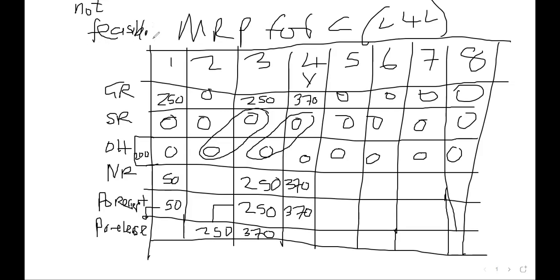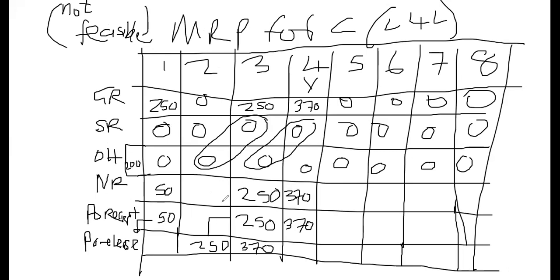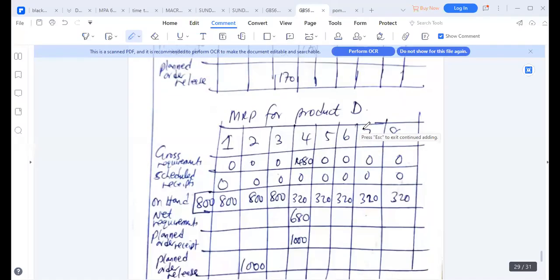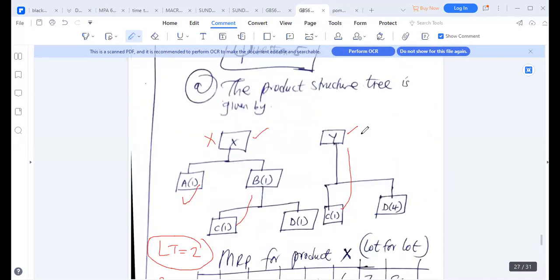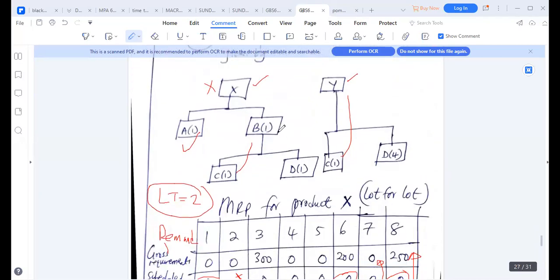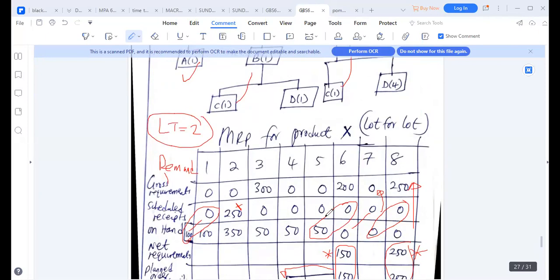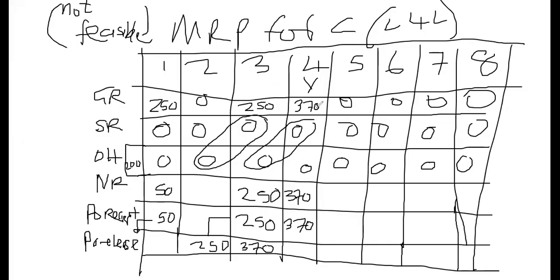Because this 50 is actually being ordered before we start the week in operation. Okay, so we now get to the other one, the MRP for product D. Looking at the structure, D is coming from B and D is coming from Y. So you combine these, D from B and D from Y, the same way we did the other one.